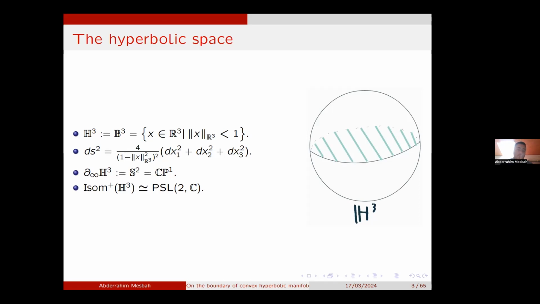And this conformal structure is, so the boundary of the ball with the conformal structure is the usual conformal structure of S2, which is also CP1.